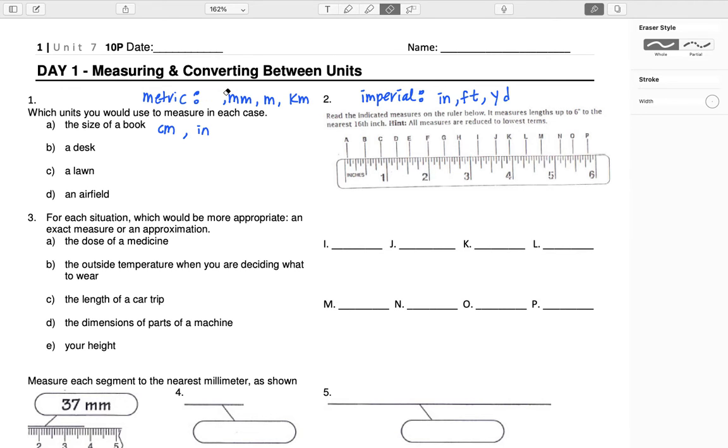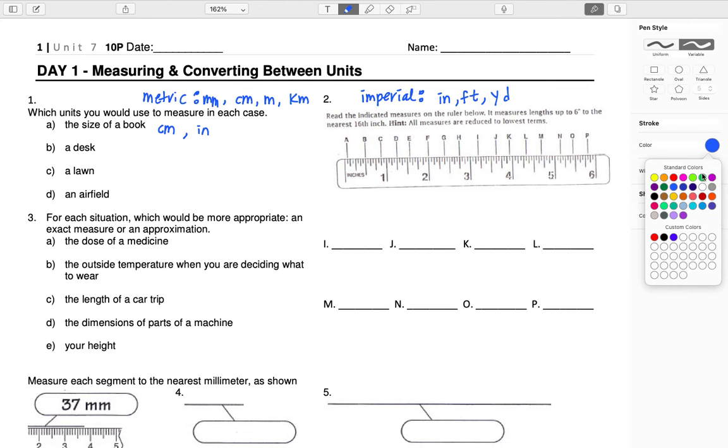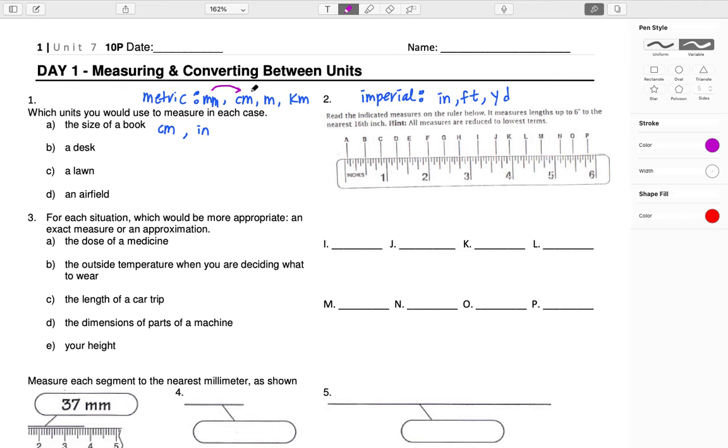Now, in order to do a conversion effectively, let me show you. The smallest is millimeter and then centimeter. Every time I'm converting from millimeter to centimeter, you have to divide it by 10. And then from centimeter to meter, you divide it by 100.